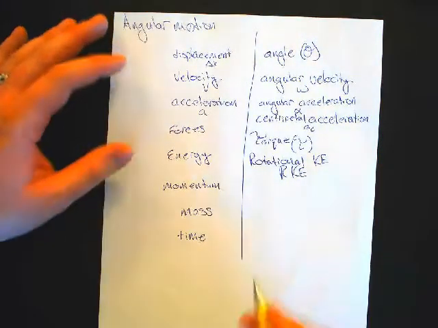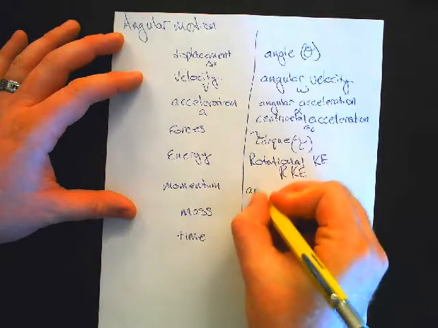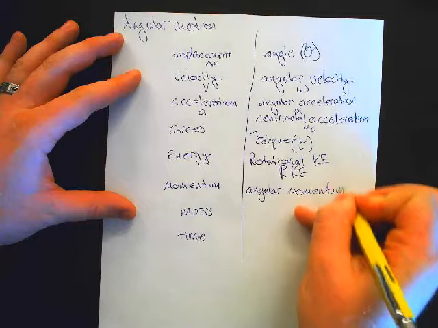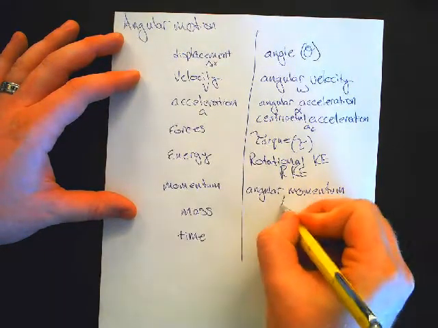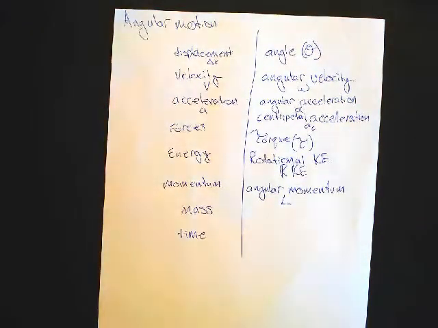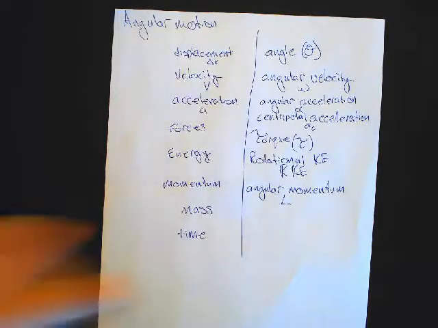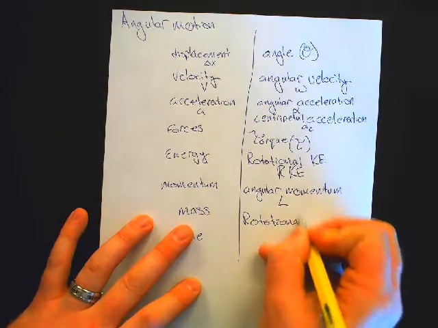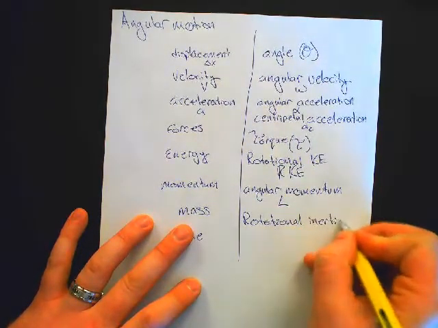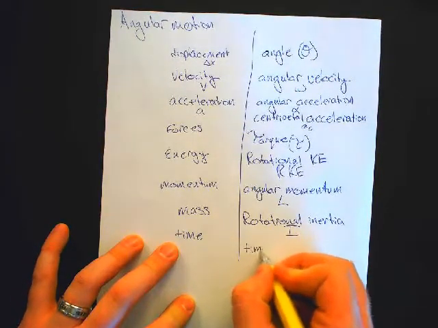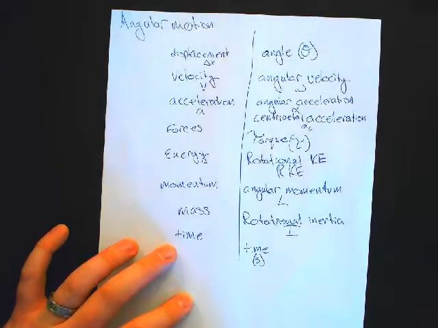Instead of momentum, we're going to look at angular momentum, which is L. Instead of mass, mass is a way of measuring what property in physics? Inertia. So we're now going to look at rotational inertia. Rotational inertia is I. And instead of time, we're going to look at time, which is measured in seconds. Thank God time doesn't spin.